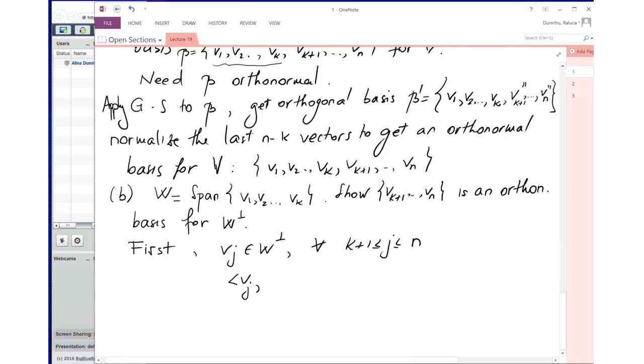Vj, what is something in W? What does something in W look like? Well, W was the span of v1 through vk, right? So something in W looks like the sum of a_i v_i, i going from 1 to k.